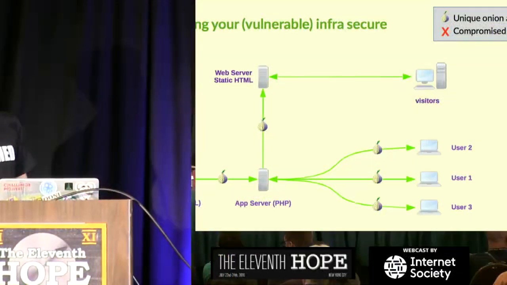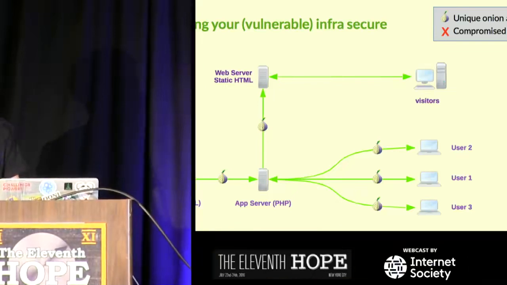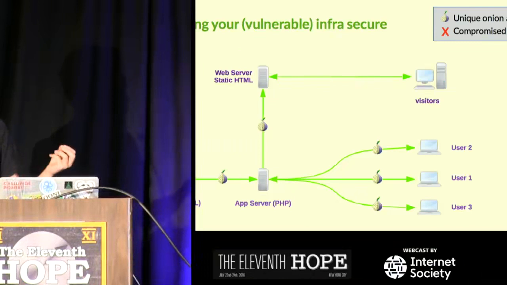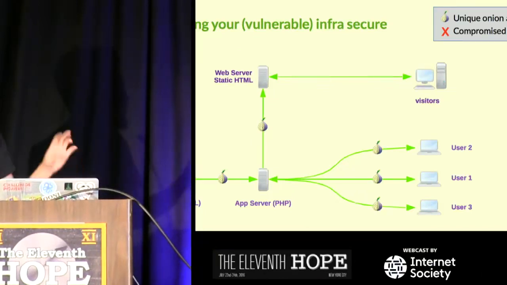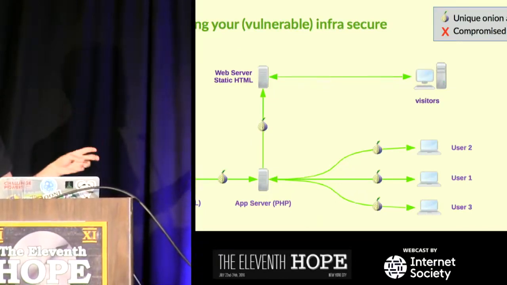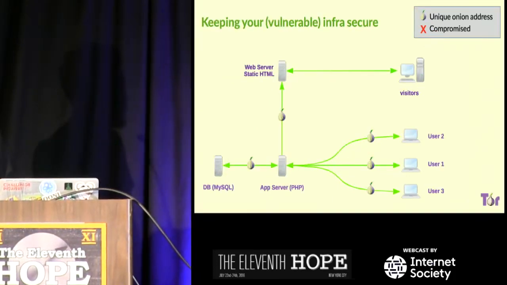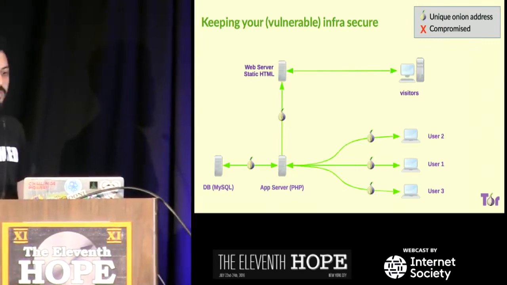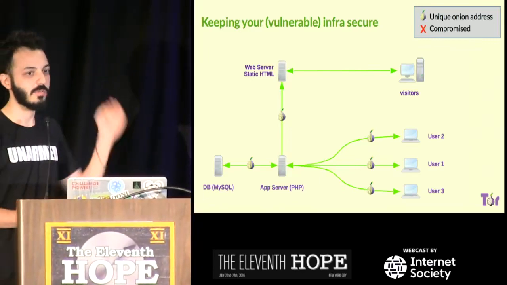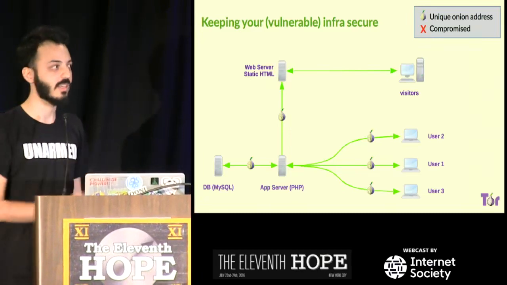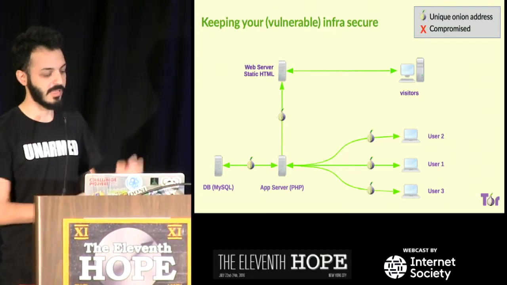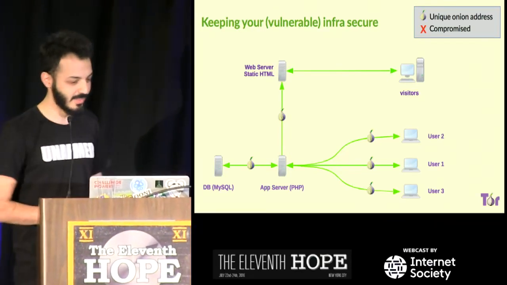And if you're a crazy geek like me, you can even have a Git repository and a Puppet master, and even the Puppet master is running on Onion, so you don't even have to have physical access to these things. You can just push to Git over Onion, and Git would push to this Puppet master over Onion, and the Puppet master would push to all the different servers. Anyways, thank you.